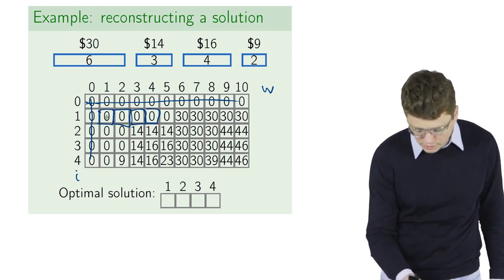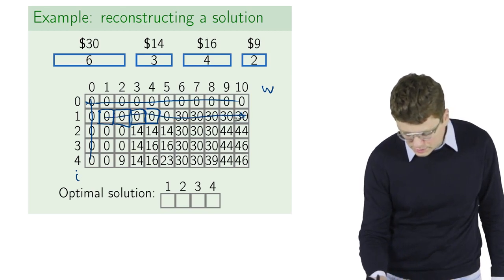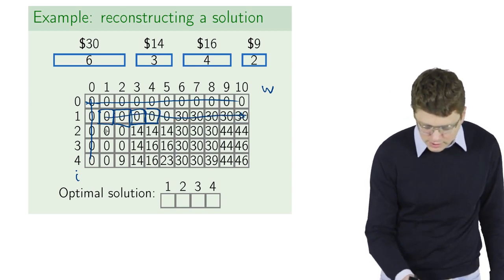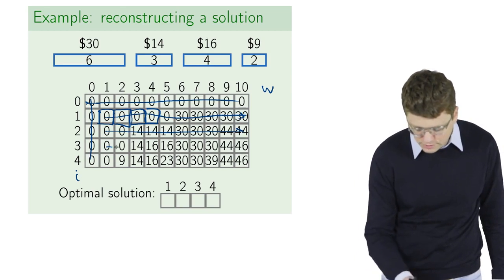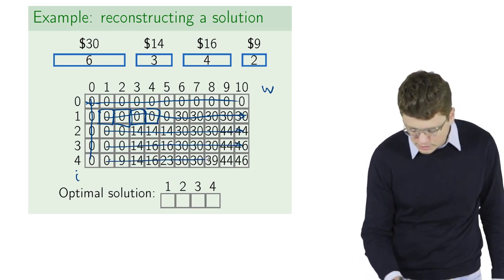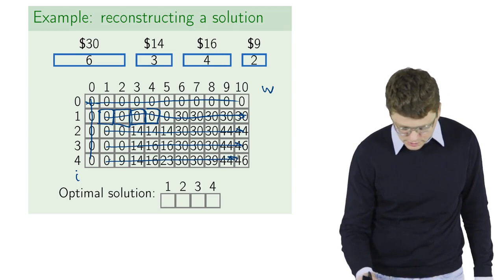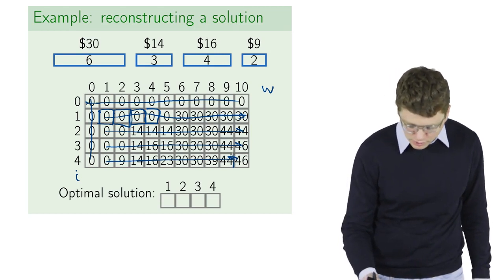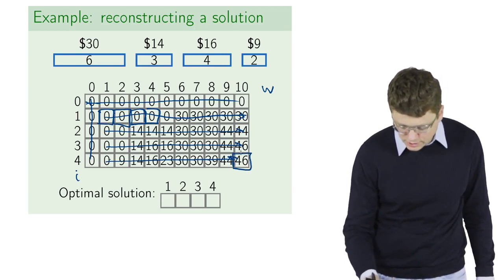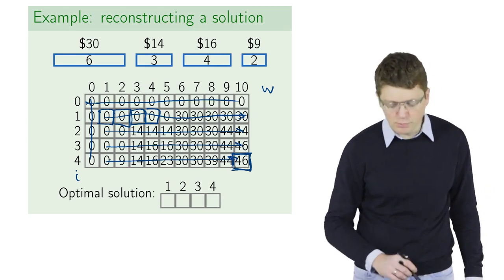So we go like this. We first fill in this row, then this row, then this row, and then this row. So the resulting value 46 is actually the answer to our initial problem.